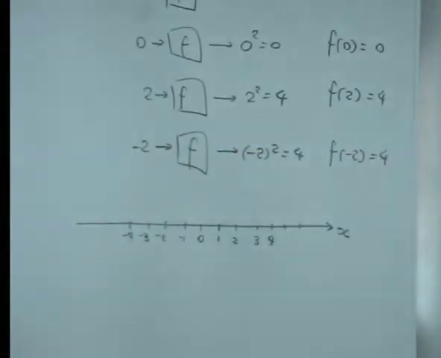These are all the x's that I'm allowed to put into my function, and each of those x's will produce an answer. So I'm going to draw another number line where I'm going to draw all my answers. This is quite a new approach to this. So each of those numbers produces an answer, right?